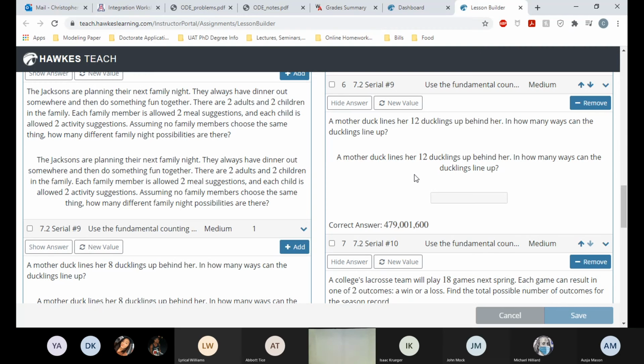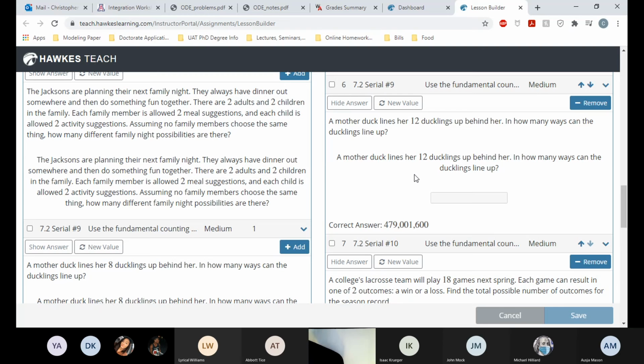In the first position, there are 12 possibilities because there are 12 ducks. And then in the second position, there are now 11 possibilities because one of the ducks has been used up in position 1. And then in the next position, there are 10 ducks because 2 of the ducks have been used up in positions 1 and 2, etc., all the way down to 1.